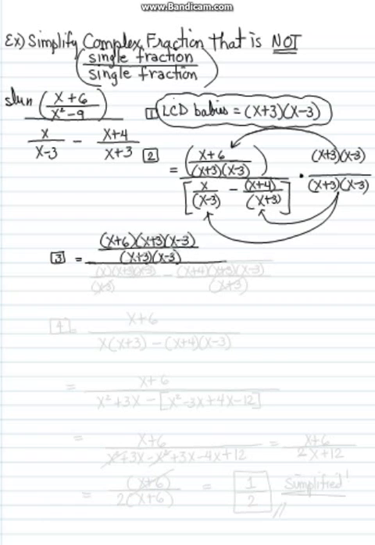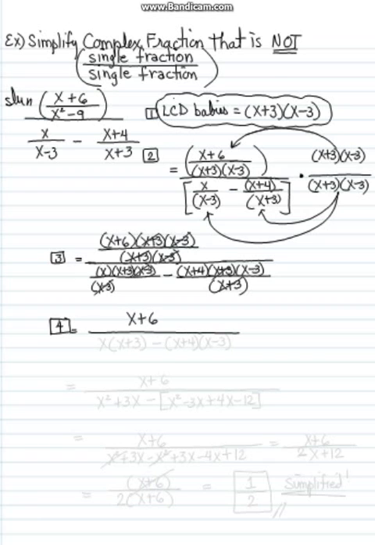Just multiply the top. x over x minus 3. And on the top we have x plus 3 times x minus 3, then the minus sign. Then we have our parenthesis x plus 4 times the LCD over the original x plus 3. Now, go through each of these, the top and the two terms on the bottom, and cancel any common little factors. Let's see, the x plus 3, the x minus 3s, and what's left?